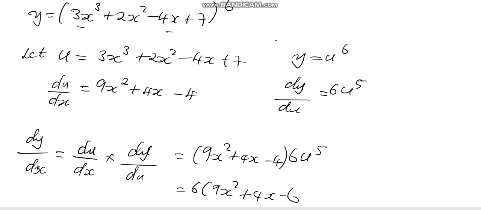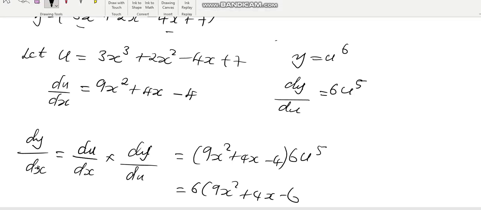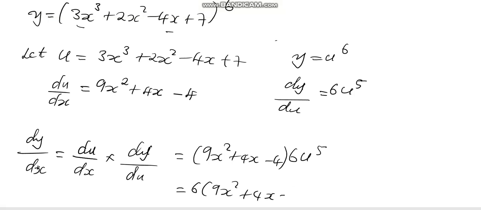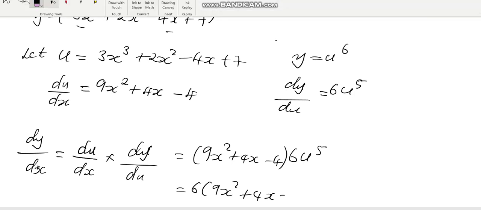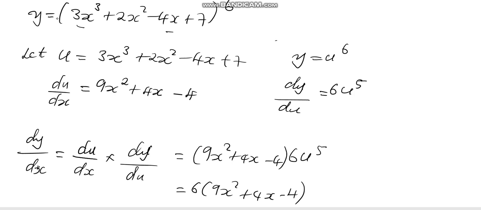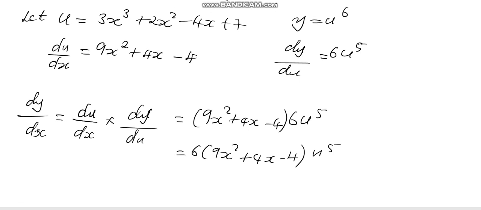Let me just erase that. So minus 4 here, u to the power 5. Now remember I said that u is equal to the expression we have on top, so we're going to make that substitution.